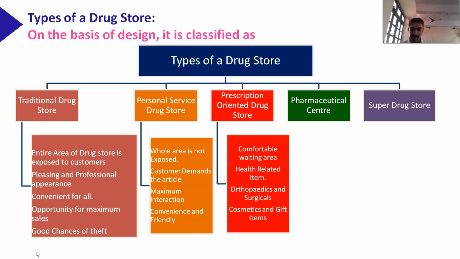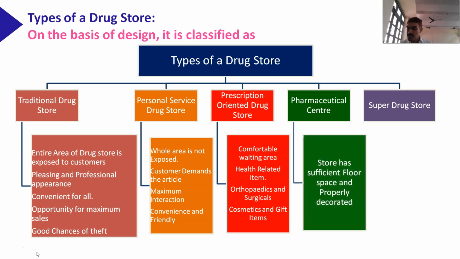They should always be made available. Now let us move to one more classification of drugstores, the pharmaceutical center. This type of drugstore sells medicines, convenience articles, and orthopedic and surgical appliances.